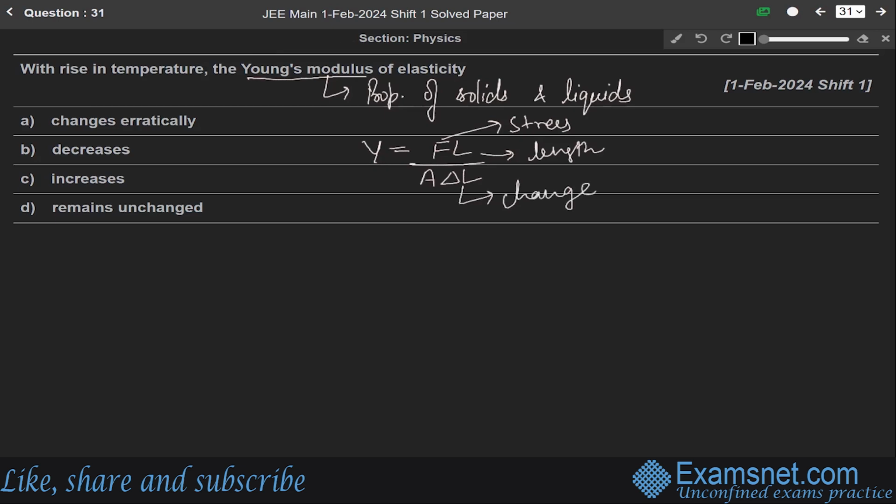Now, Young's modulus is inversely proportional to the length of the wire.